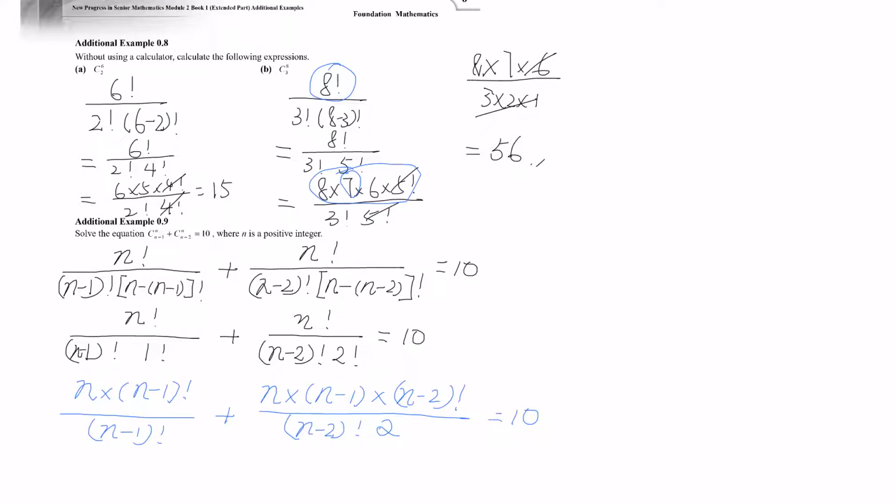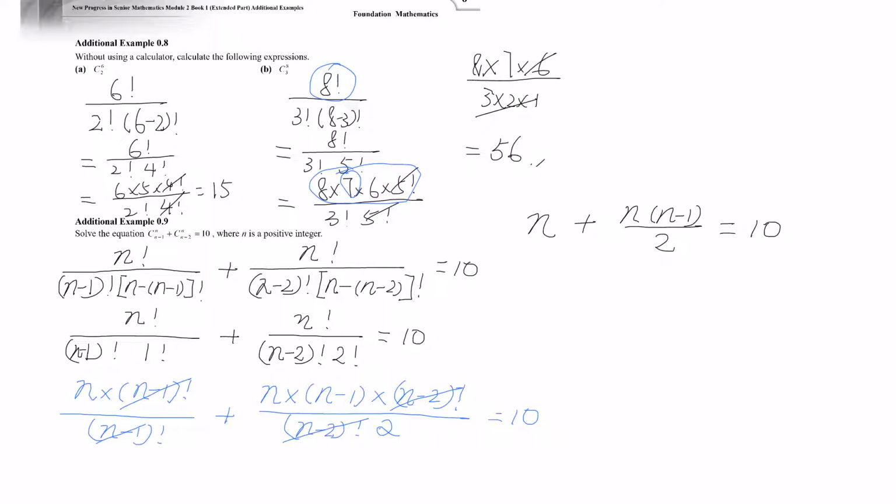Therefore you can see that we can do the cancellation here and here. At the end, the equation becomes n plus n times (n minus 1) divided by 2 equals 10.